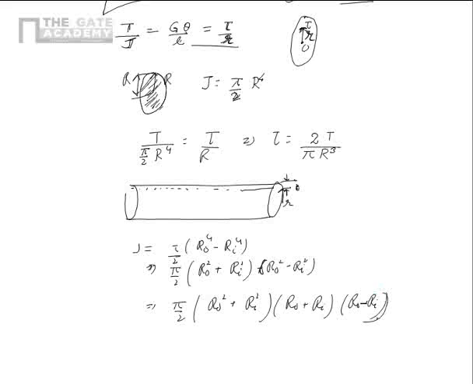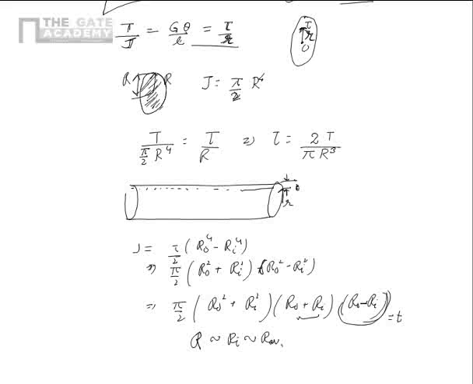So this portion is equal to the thickness, and I can always say that Ro plus Ri, rather Ro is close to Ri, is close to some average radius.